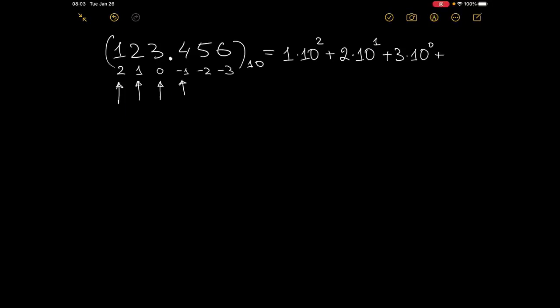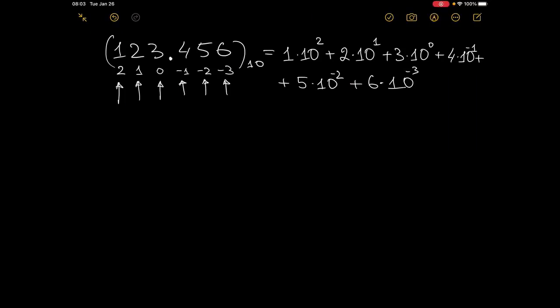4 in the position -1 has to be multiplied by 10 to the -1, plus 5 in the position -2, 10 to the -2, and 6 in the position -3 has to be multiplied by 10 to the -3, right?